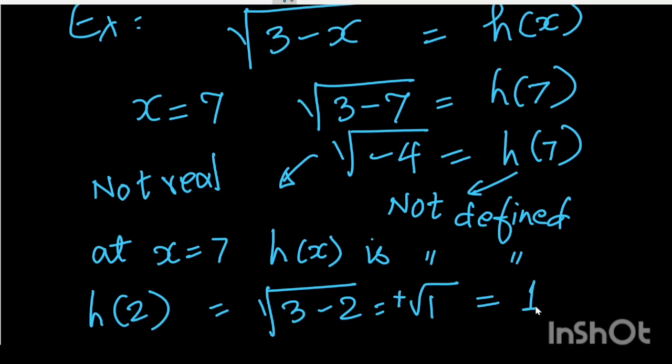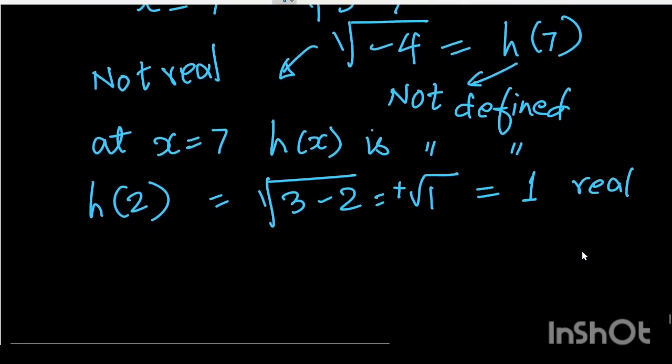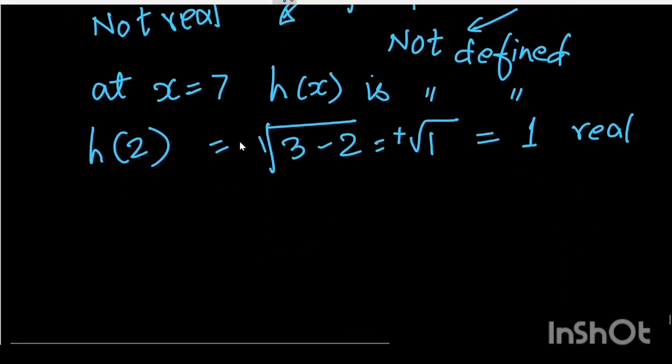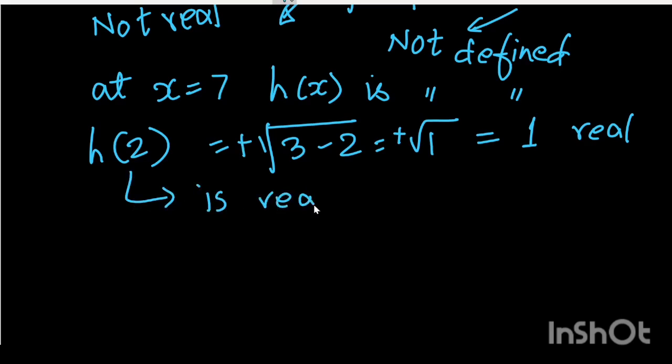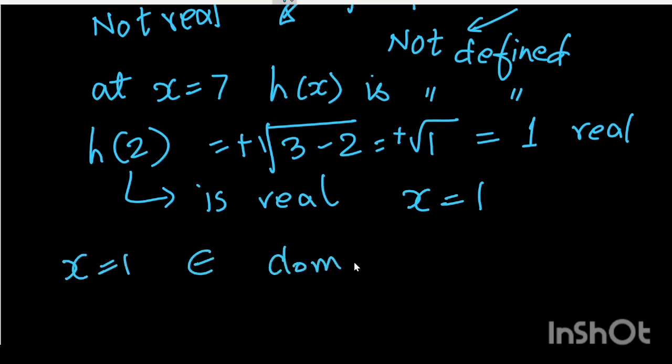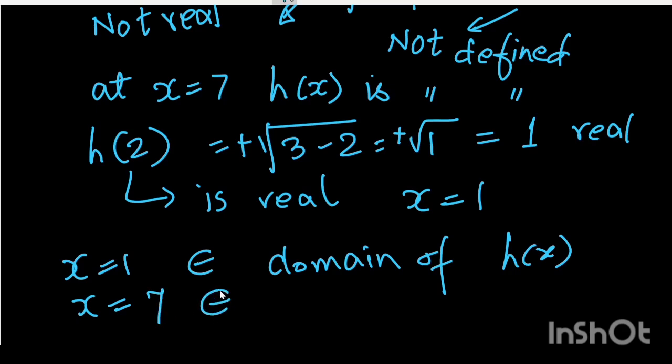So plus under root of 1 is 1 only, which is a real and positive value because it is the positive square root. So h2 is real. So we can say that x equals 2 belongs to the domain of hx, and x equals 7 does not belong to the domain of hx.